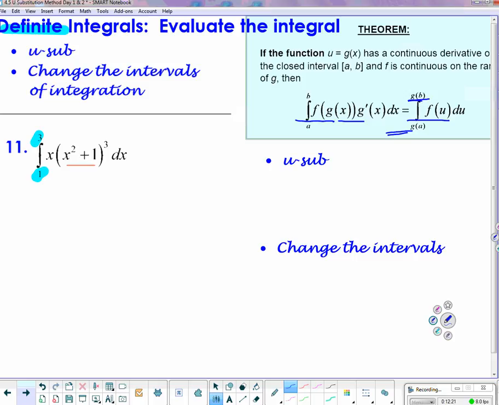Notice they say it's going to be g of this a value and g of this b value. So we're going to update our bounds, and you're going to see how this rolls out.